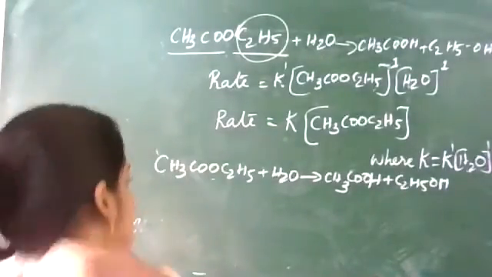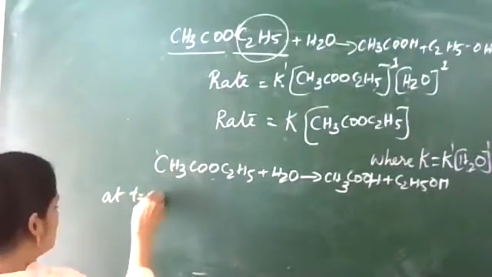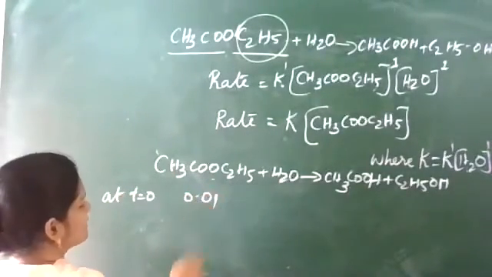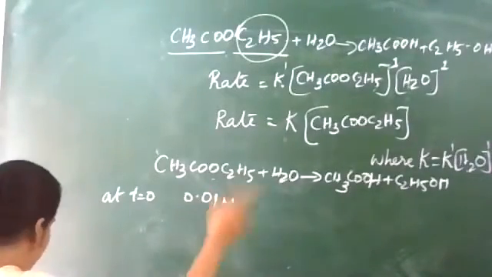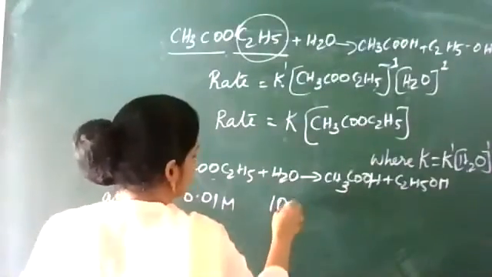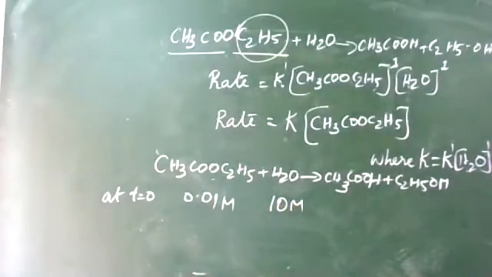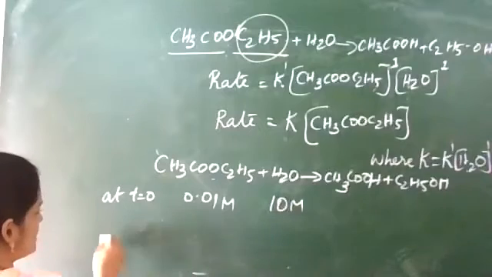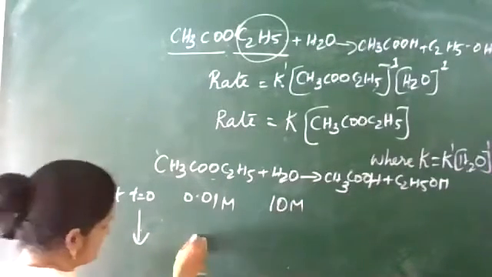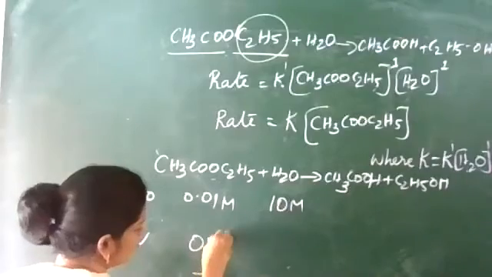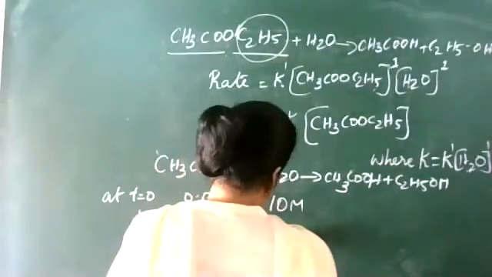Initially, at t equal to 0, let the ester be 0.01 molar and the water 10 molar. After a time t, the ester has decreased and the water is 9.9 molar.